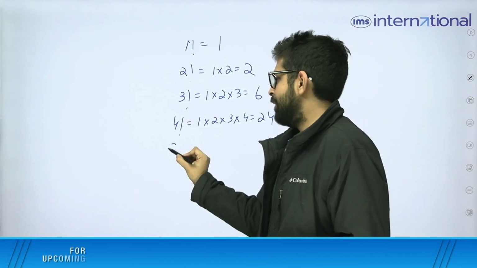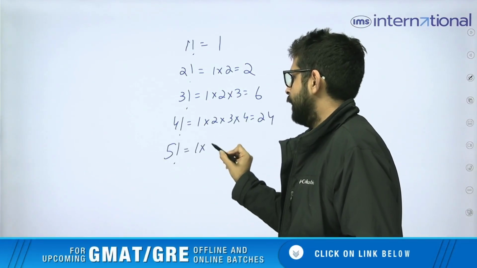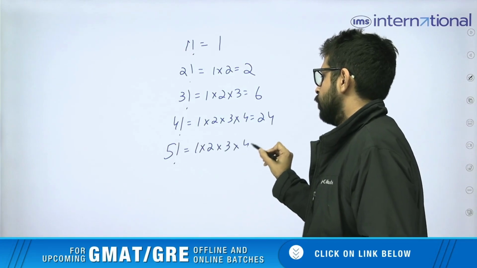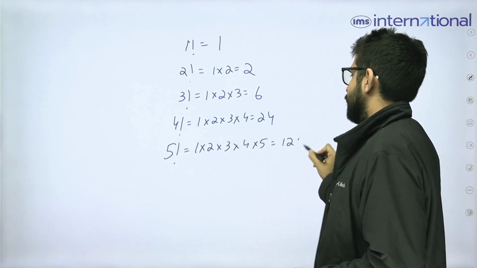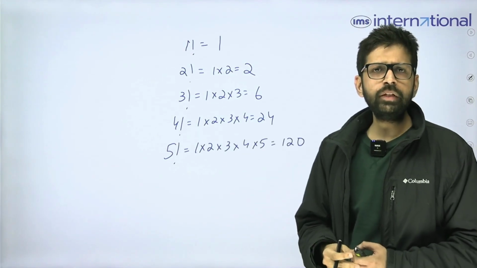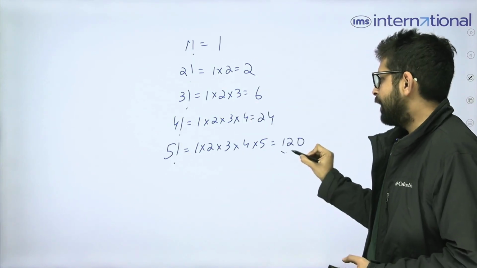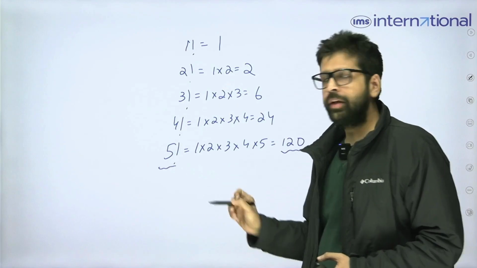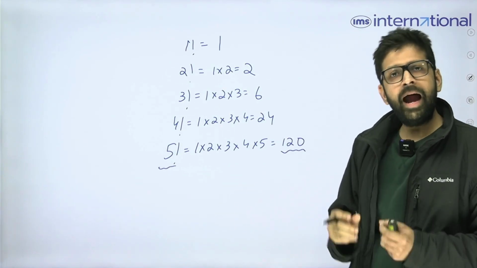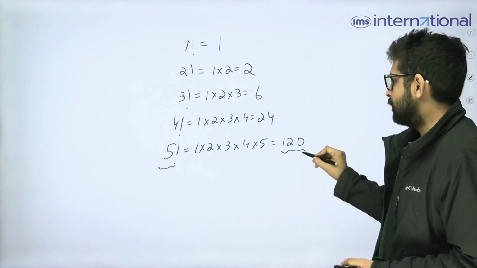And similarly, 5 factorial would be equal to 1 into 2 into 3 into 4 into 5, and that is nothing but 120. Now, if you look at these 5 numbers, you will see that 120, that is 5 factorial, was the very first number at the end of which I saw a 0.